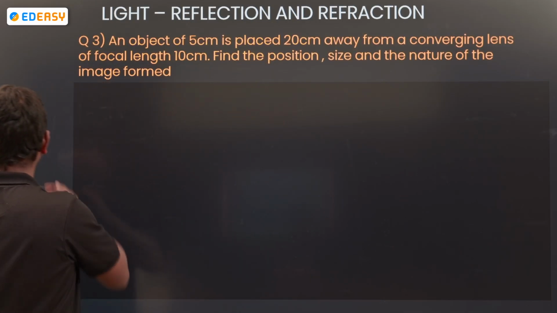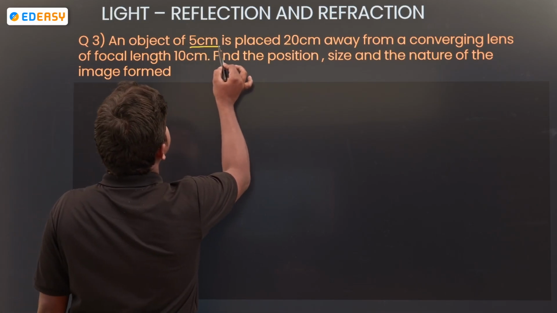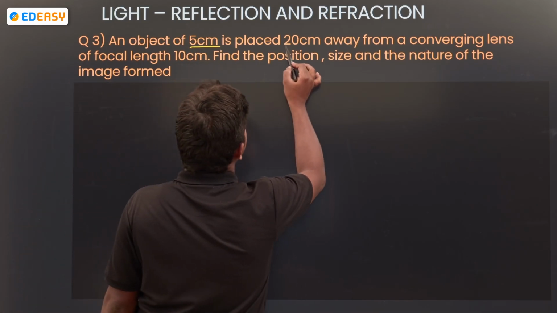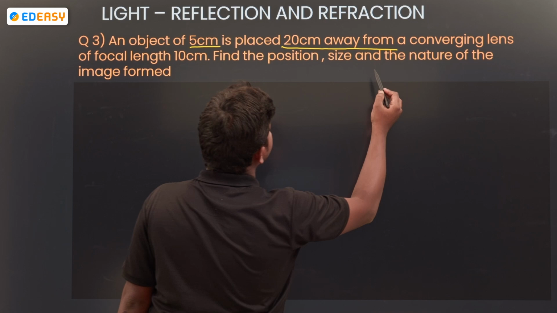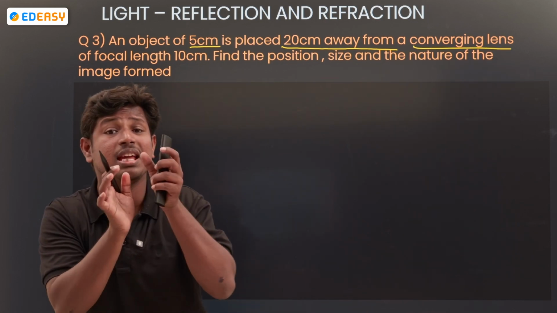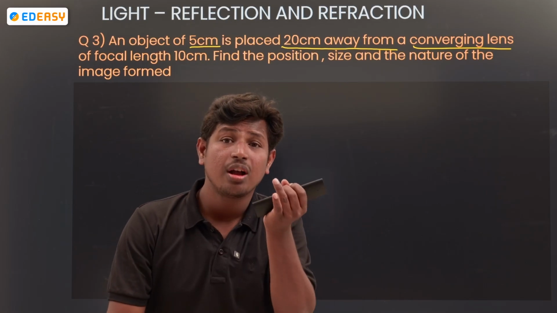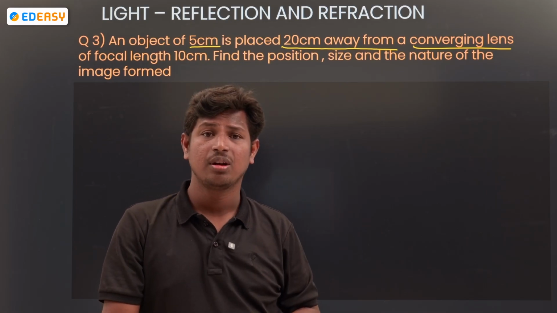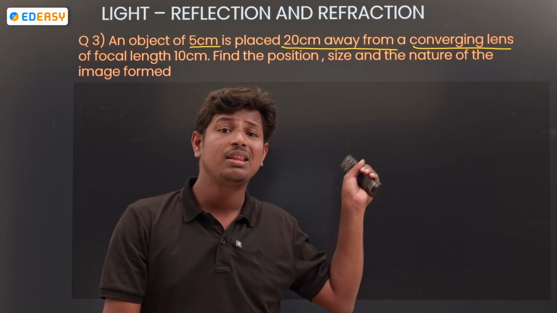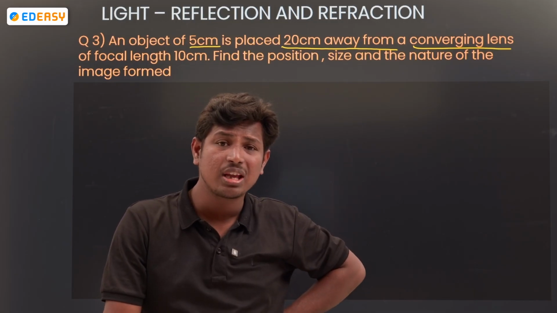Look at the formula. Look at the question. An object of 5 centimeter is placed 20 centimeter away from a converging lens. They did not mention which lens is given. We know concave lens, we know convex lens. Did they mention the two names, convex lens and concave lens?